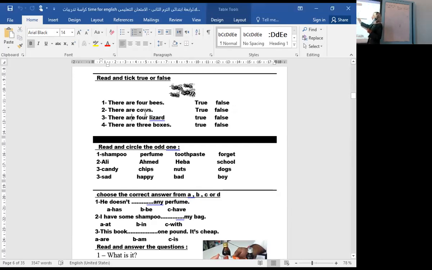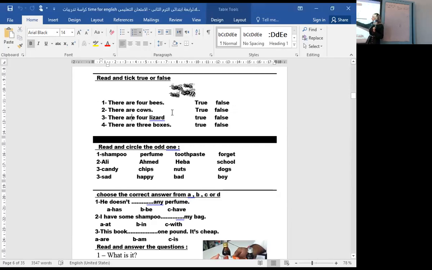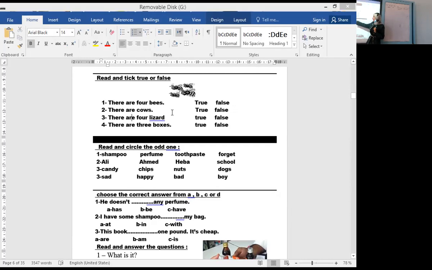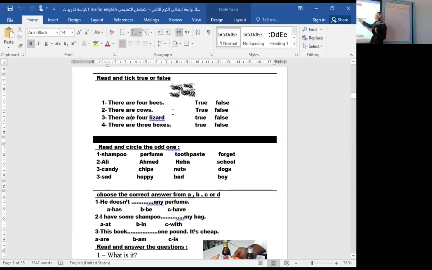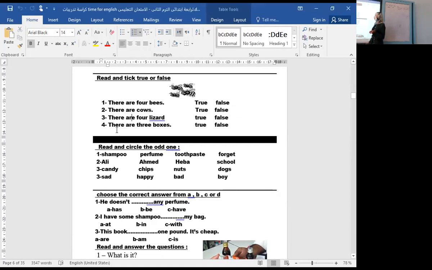There are cows. Of course not. So the sentence is false. And the third question, there are 4 lizards. They are not lizards, they are bees. So the answer is false. There are 3 boxes. They are not boxes, they are bees. So the answer is false.